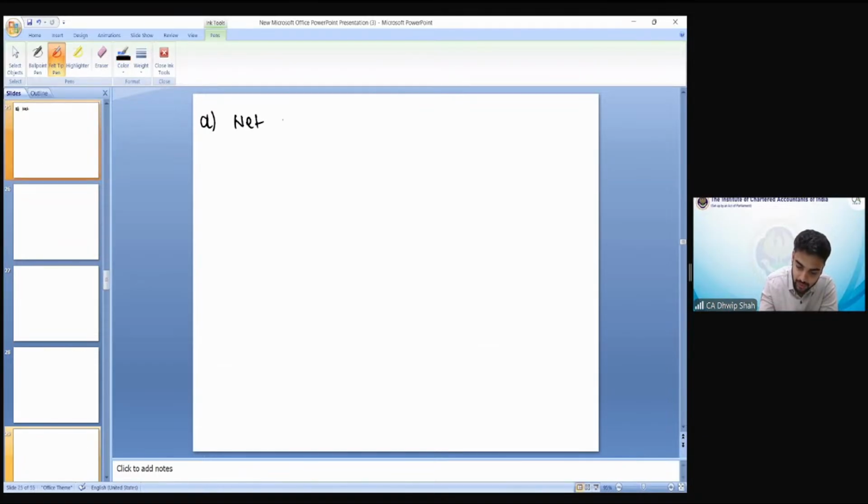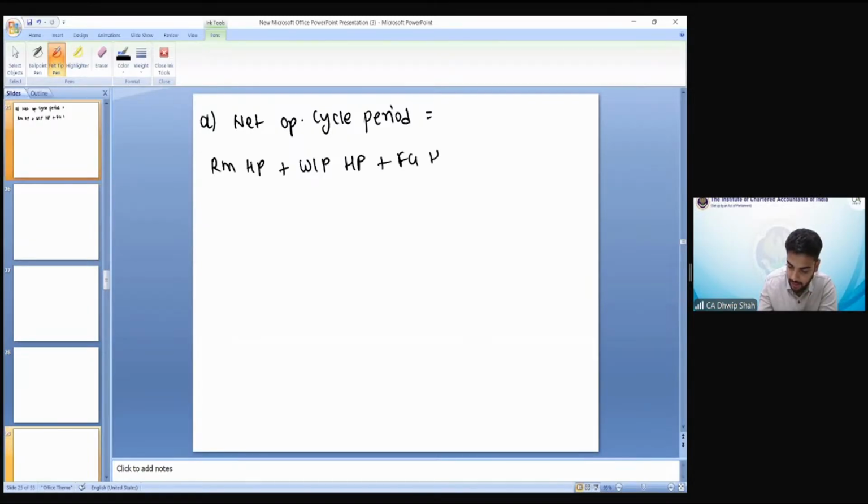Net operating cycle period is equal to RM holding period plus WIP holding period plus FG holding period plus debtors holding period or debtors collection period less creditors holding period or average payment period.